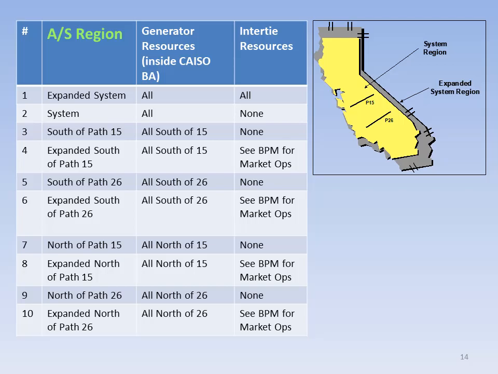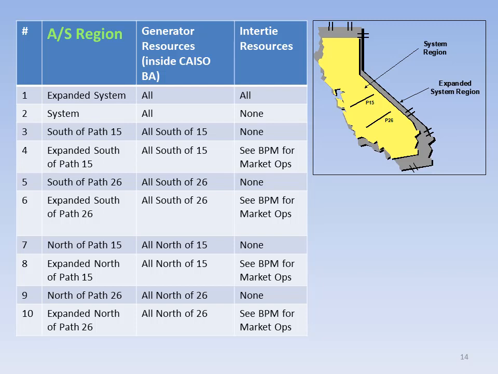CAL-ISO maintains 2 ancillary service regions and 8 ancillary service subregions. The 2 ancillary service regions are the CAL-ISO System Region and the CAL-ISO Expanded System Region. The CAL-ISO Expanded System Region is defined as the entire CAL-ISO Balancing Authority area plus all system resources at scheduling points outside of the CAL-ISO Balancing Authority area.